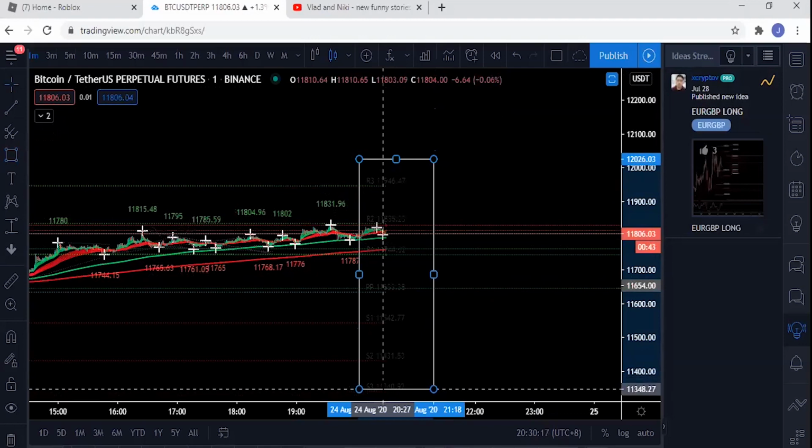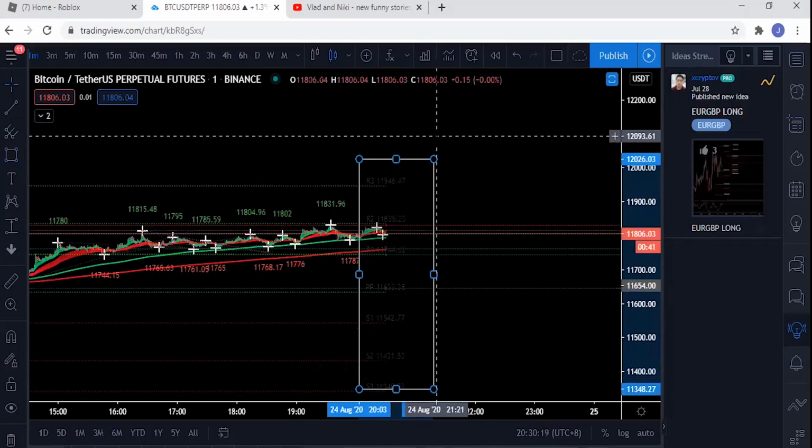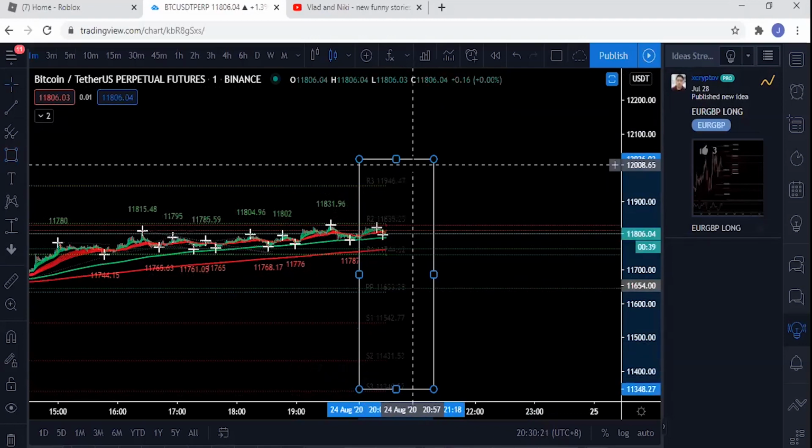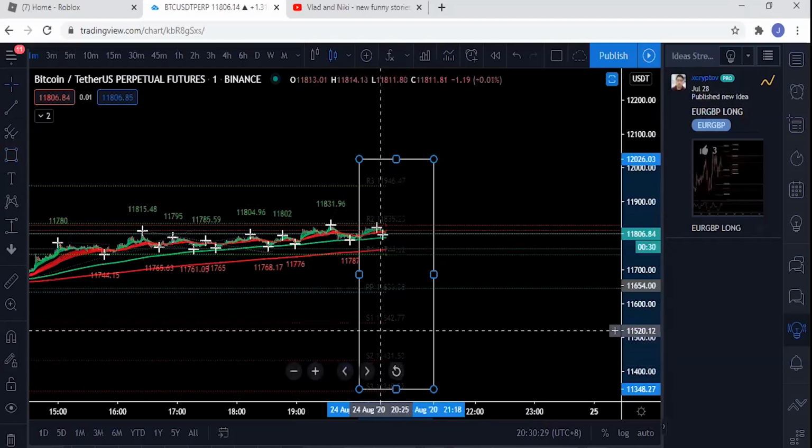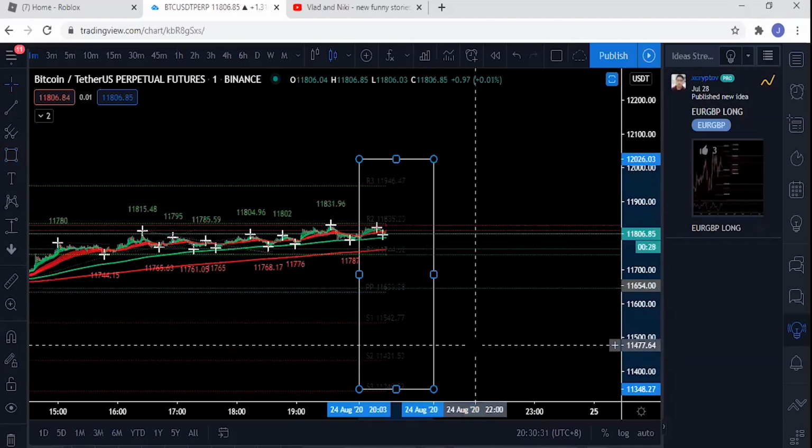This also serves as our support and resistance. R1 to R3 are resistance, P is our key level pivot point, and S1 to S3 are our support.